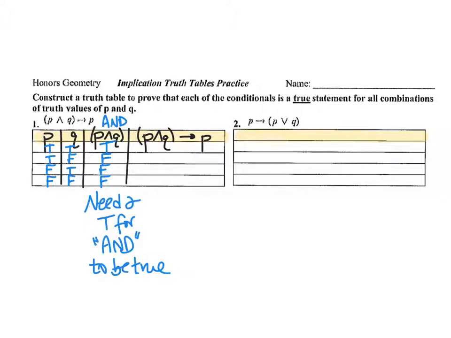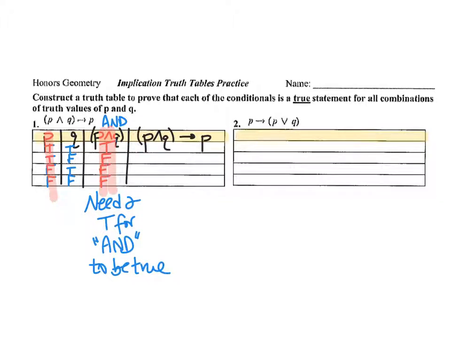Now for the next situation, we're looking at P implies Q. So that's this column, and then the first column.